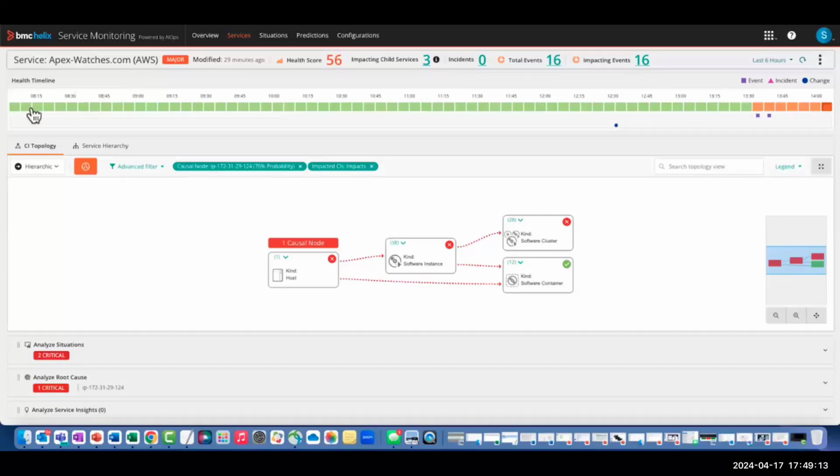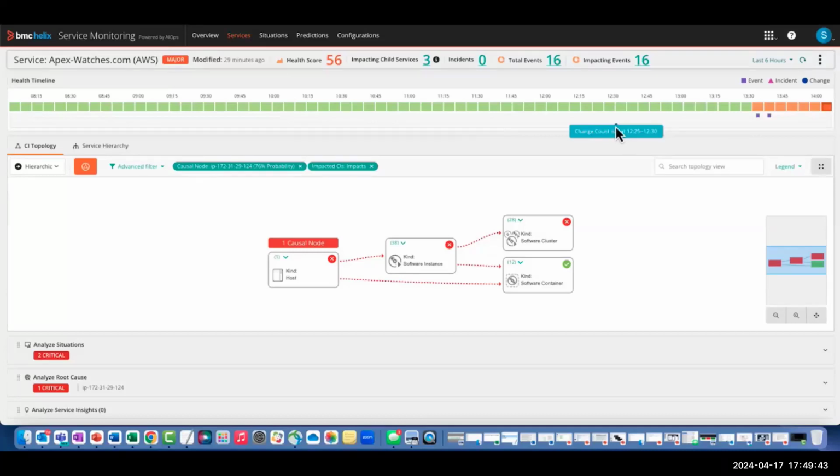But what I can also see is a timeline that is color-coded to the health of this service. And these ticks underneath here indicate major information that I need to look at when analyzing a possible issue with this service. So the first one is that I see that just about an hour before things started to go wrong, there was an actual change.